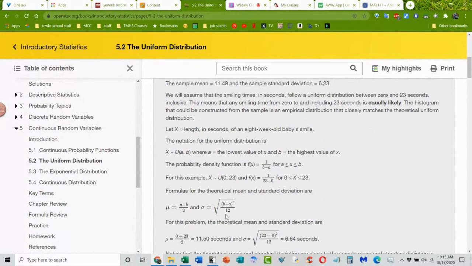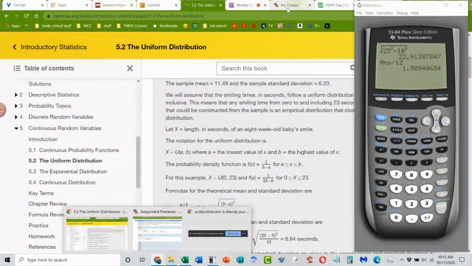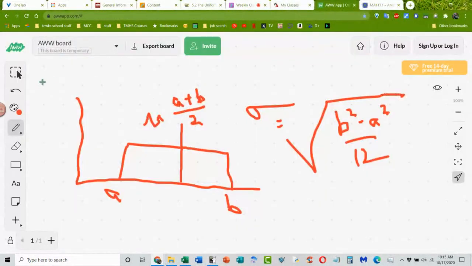Oh, okay. That's what I had wrong. I had the squaring in the wrong spot.